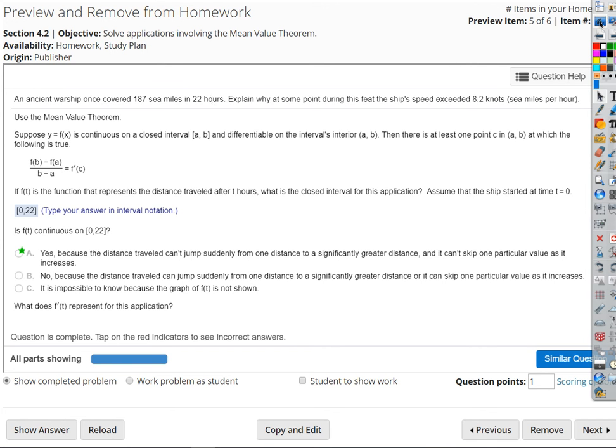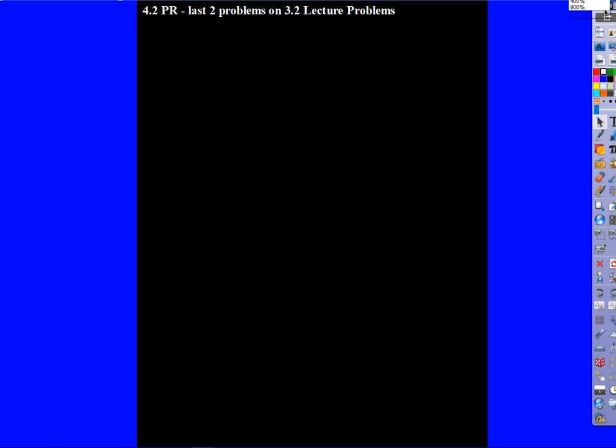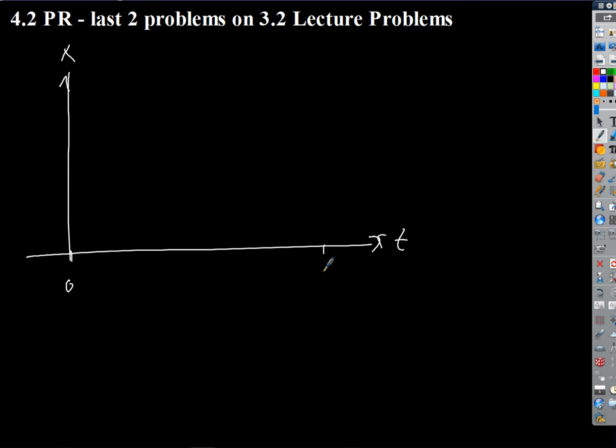So if we were to draw a picture of this, wouldn't it just look like this, right? We've got our position, let's just call it x. Say he's moving in a straight line along the x-axis along the ocean. We'll just define the x-axis there. And this is t. And we're going to go from 0 up to 22, right?